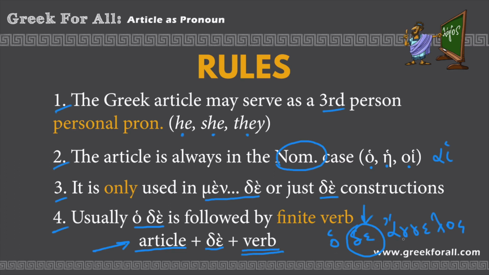This is a common thing, but if this word is not a noun but a verb, this is what we are talking about. So this is the key for understanding this construction: article, de, and then the verb. Now let's jump into the examples and see how this all works. It's not very difficult. Let's take a look.